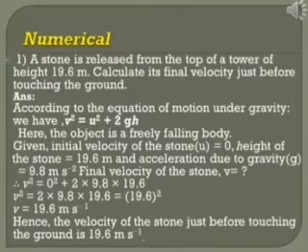We use the expression v square is equal to 0 square plus 2 into 9.8 into 19.6. Then v is equal to 19.6 meter per second. Hence, the velocity of the stone just before touching the ground is 19.6 meter per second.